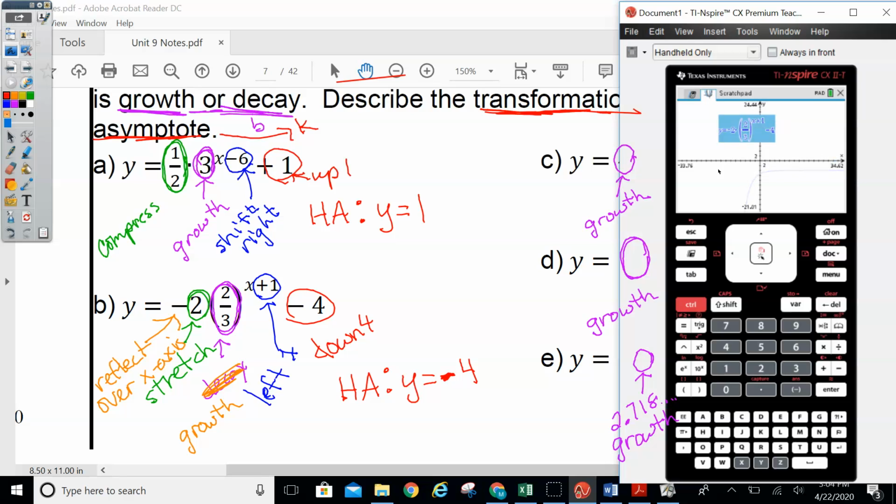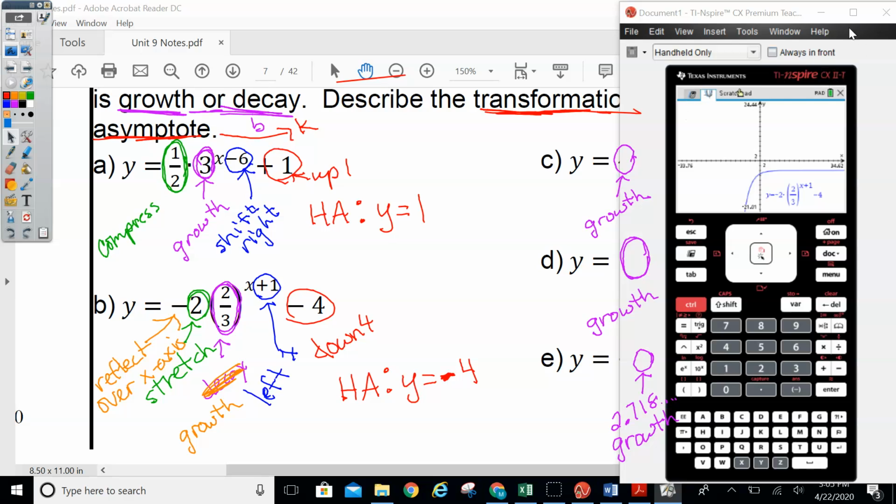The original graph was decay. It did start high and then get flat this way, but because we reflected it, now it's starting low and going up. So that's why it changes the original base to the opposite. Okay, so you have to be careful with those negatives.